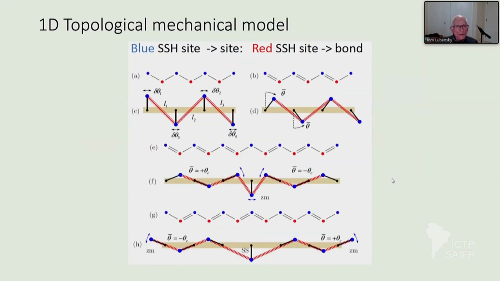Okay, so here is the cartoon of the mechanical Su-Schrieffer-Heeger model. Let me have a glass of water here. Okay, so what we want to think about is a bar that has rigid rods attached to it that are attached to a spring.